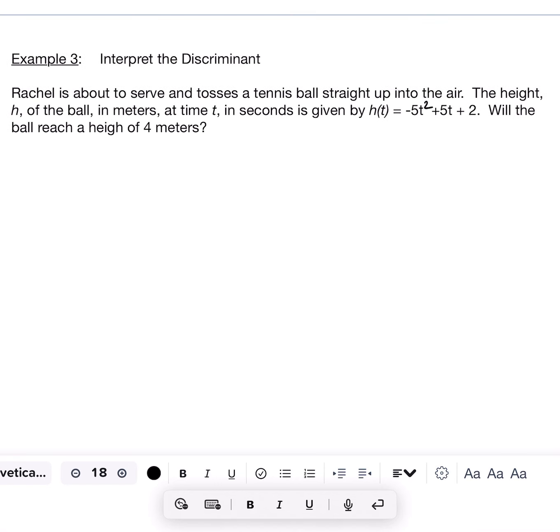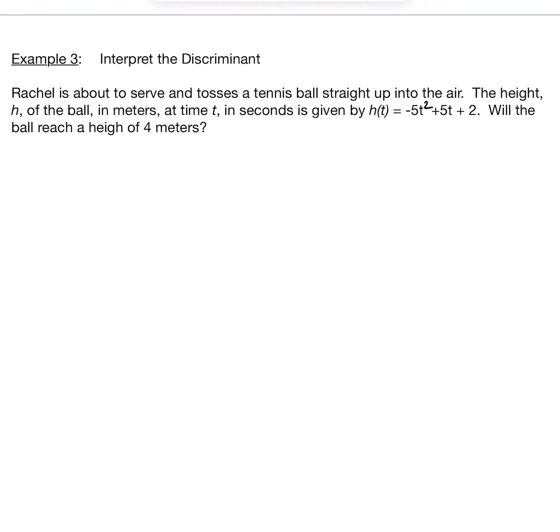To determine that, we're going to use the discriminant to figure out how many answers there are in this particular quadratic equation. But before we do that, we need to adjust the equation.